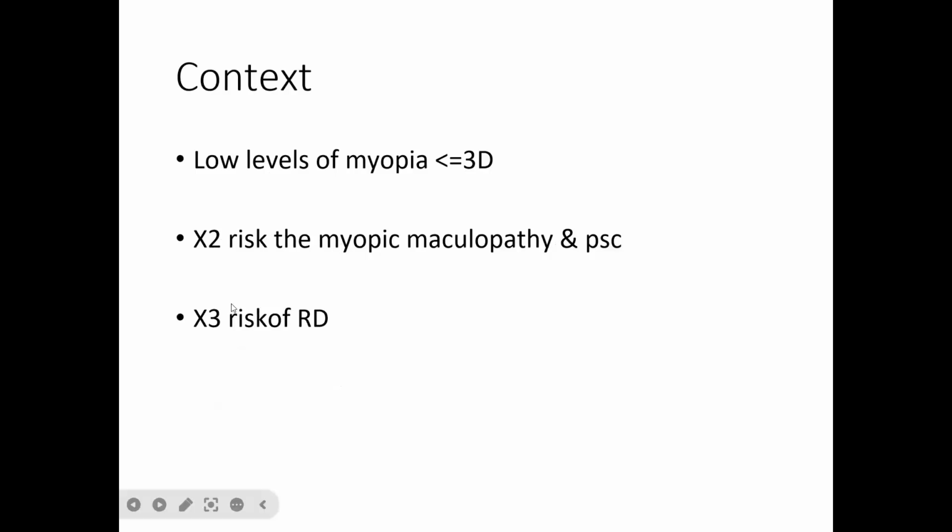The context for why this is done is that previously it was a concept that myopia of more than or equal to 6 diopters can cause risk factors like myopic maculopathy and PSC, posterior subcapsular cataract. But new research studies have shown that even low levels of myopia, as low as 3 diopters, can cause double the risk of myopic maculopathy and posterior subcapsular cataract and 3 times the risk of retinal detachment.